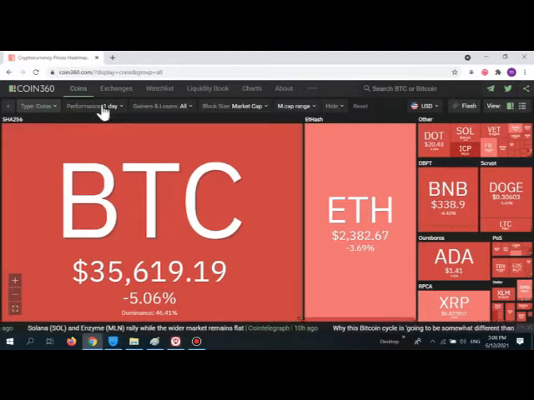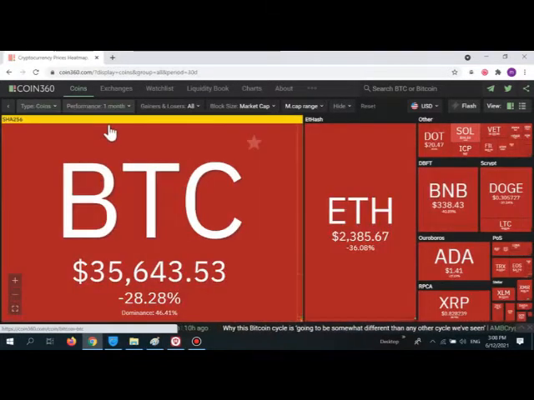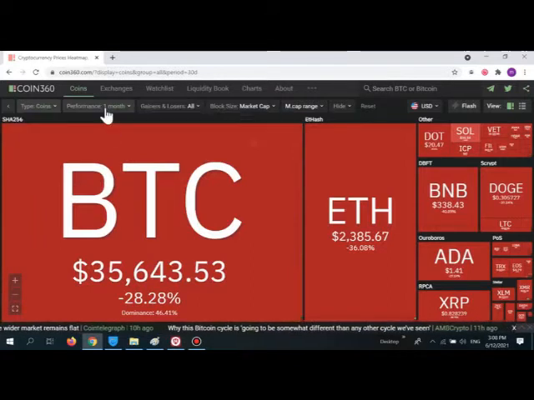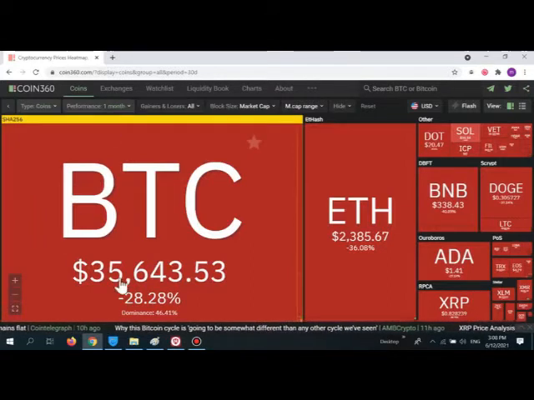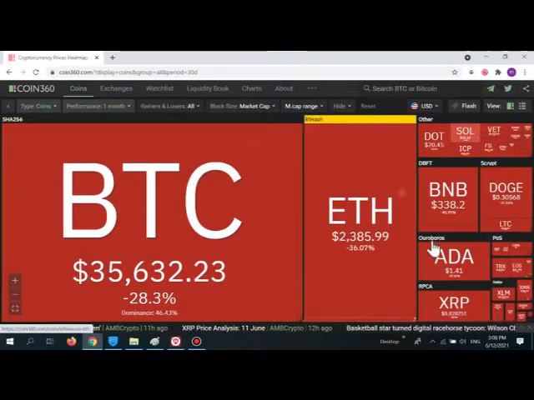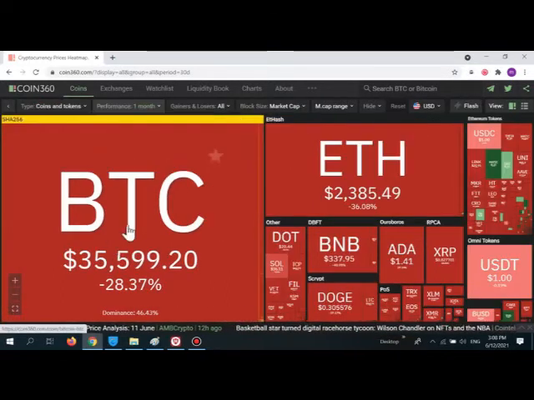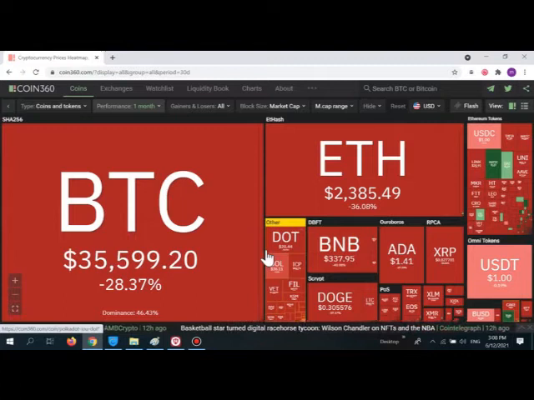So I can change the time frame, for example, get it to the 1 month position, and you can see that Bitcoin experienced an outstanding decrease, almost 30%. So the time frame can be chosen here for tokens, coins, or both of them, as you can see.